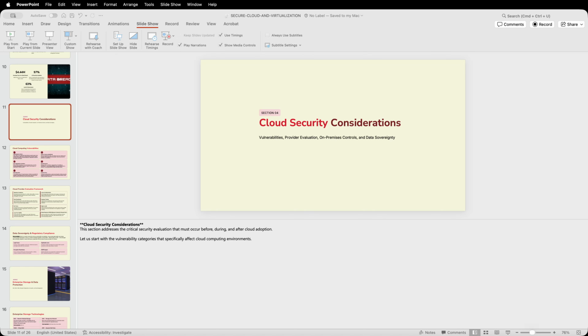That's the prerequisite for meaningful analysis. Once normalized, the correlation engine can connect events across multiple data sources to identify attack patterns that would be invisible when examining any single log in isolation.